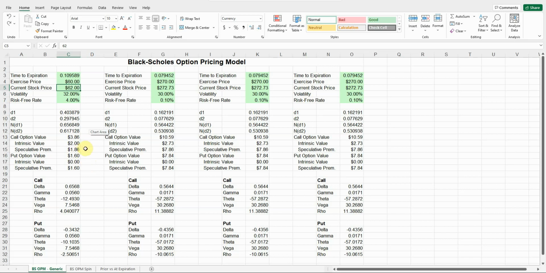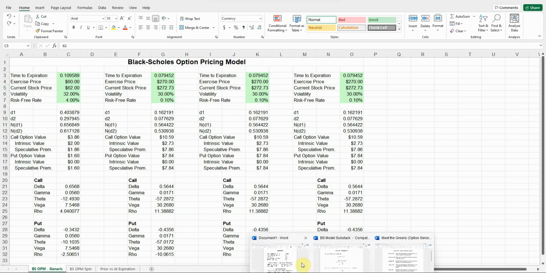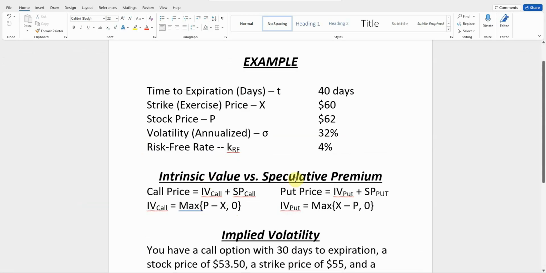Now, something else I want to mention real quick is the intrinsic value and speculative premium. Intrinsic value and speculative premium are ways to separate the option price. The intrinsic value is, if the option expired right now, what would it be worth?